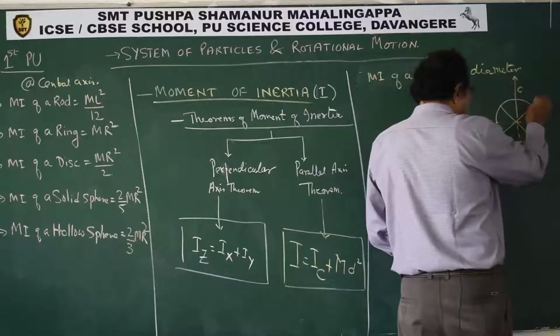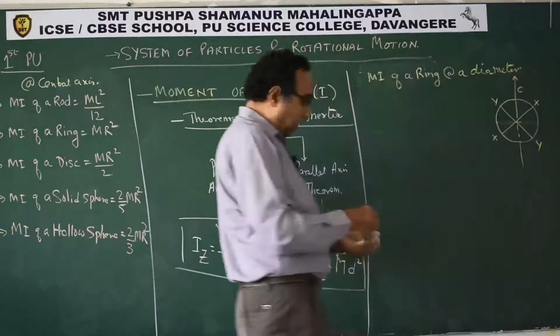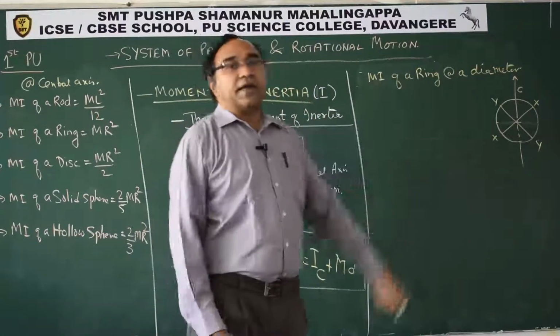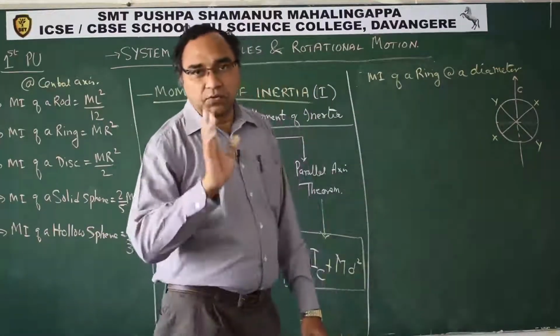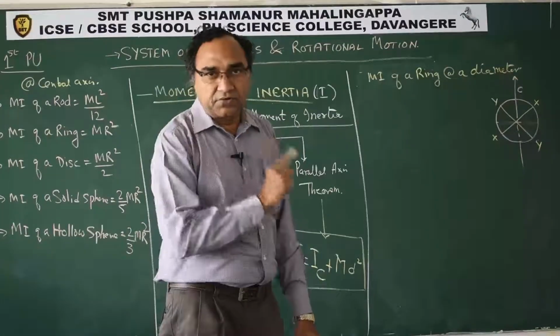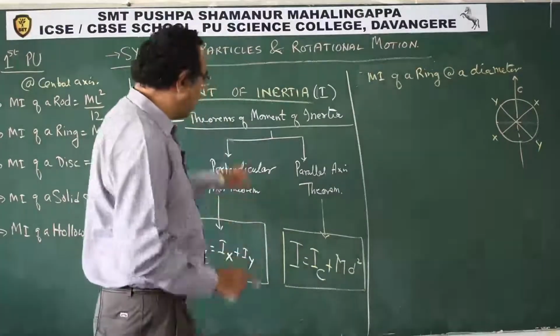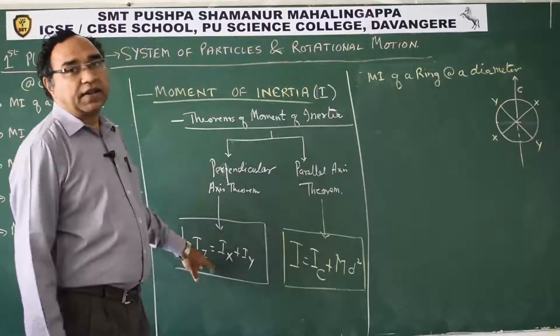Let us say this is x and this is y. Now what we find: x, y, z are mutually perpendicular to each other, first thing. Second, they pass through the same point. Therefore, it is a perfect situation for the application of a moment of inertia theorem. Which one? The perpendicular axis theorem.